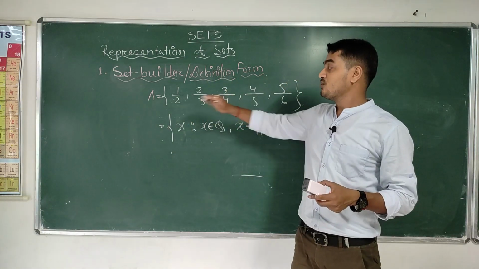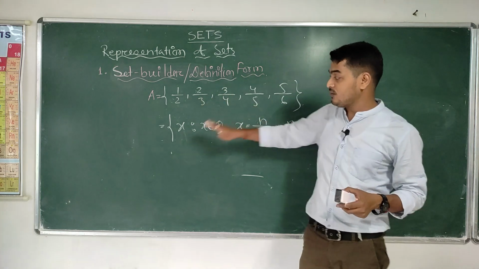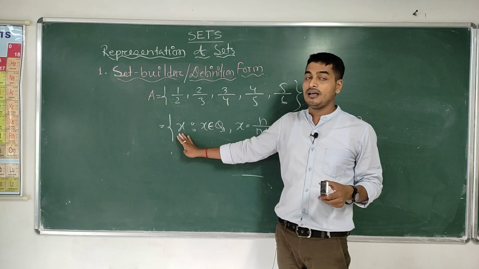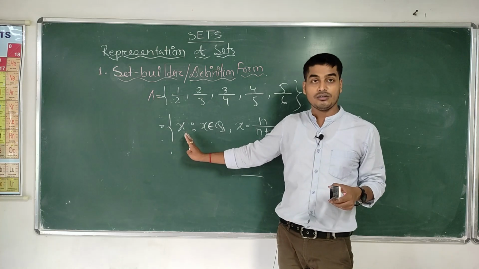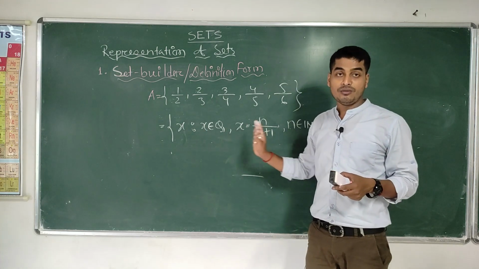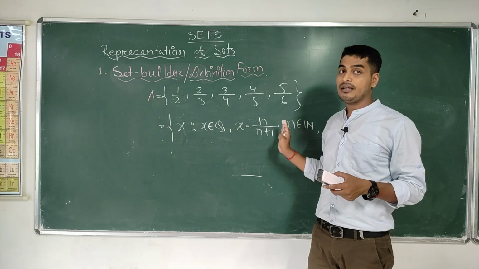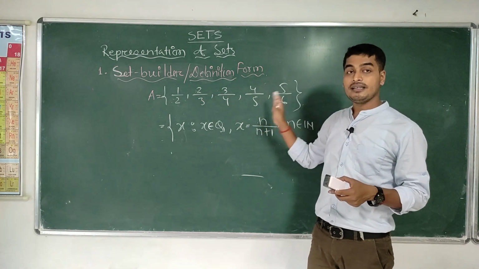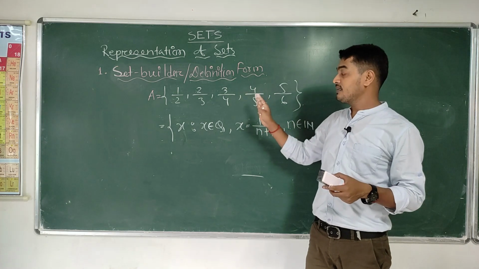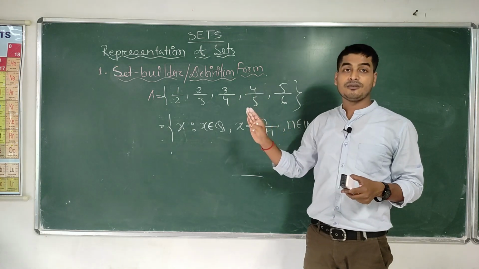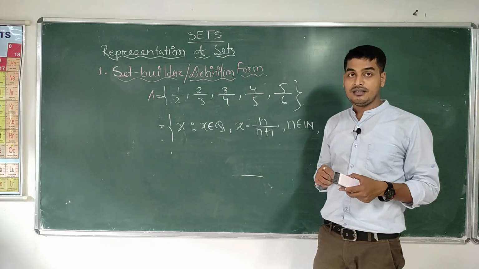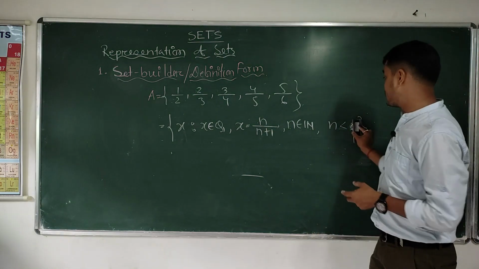Here, in this case, to represent all the elements of a given set you have to use any variable to represent all the elements, followed by a colon, and after the colon you have to mention the properties. You have to mention the particular characteristics satisfied by each and every element.